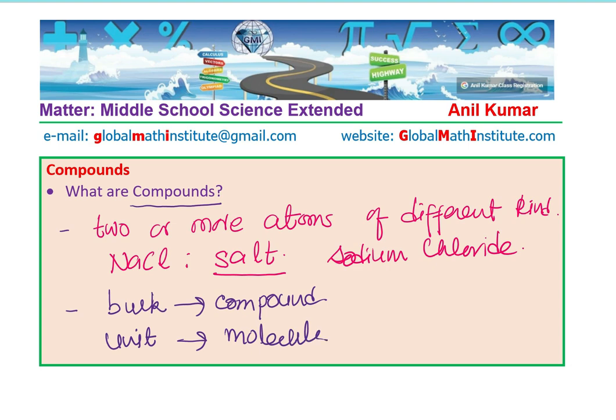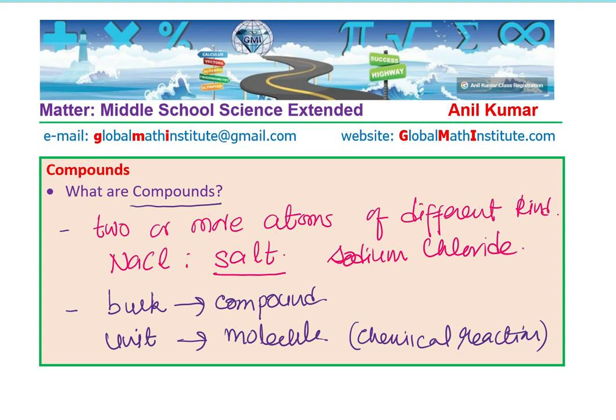How are they different? Well, when you have a chemical reaction, in that case, molecules are interacting. So, whenever we're talking about chemical reactions, in that equation, all are molecules. Molecules are interacting. But in a general form, where we talk about bulk, we'll say it is a compound.